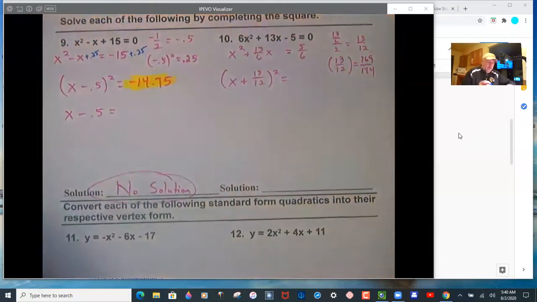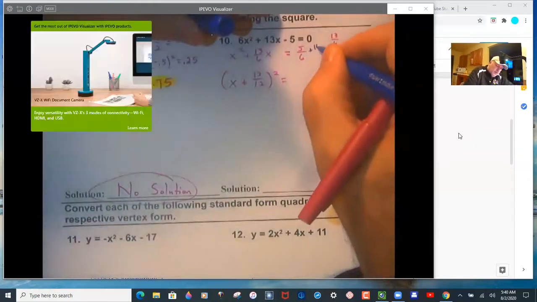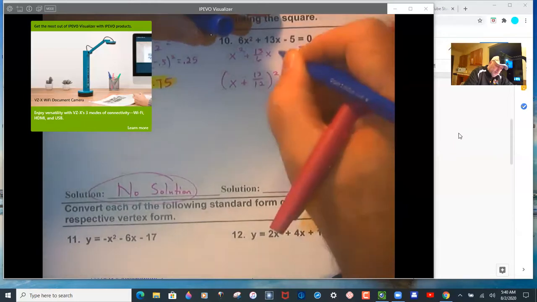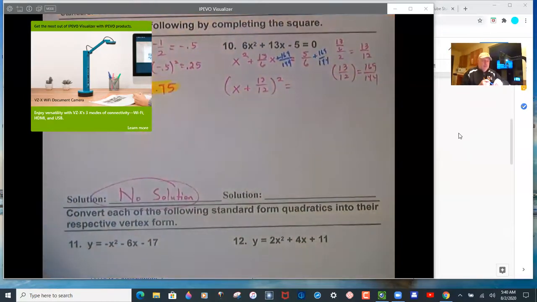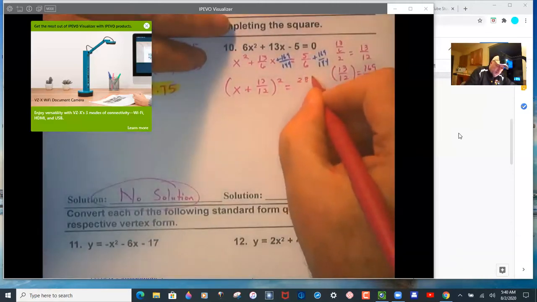So we're adding 169 over 144 in to both sides. 6 plus 169 over 144. So 289 over 144.